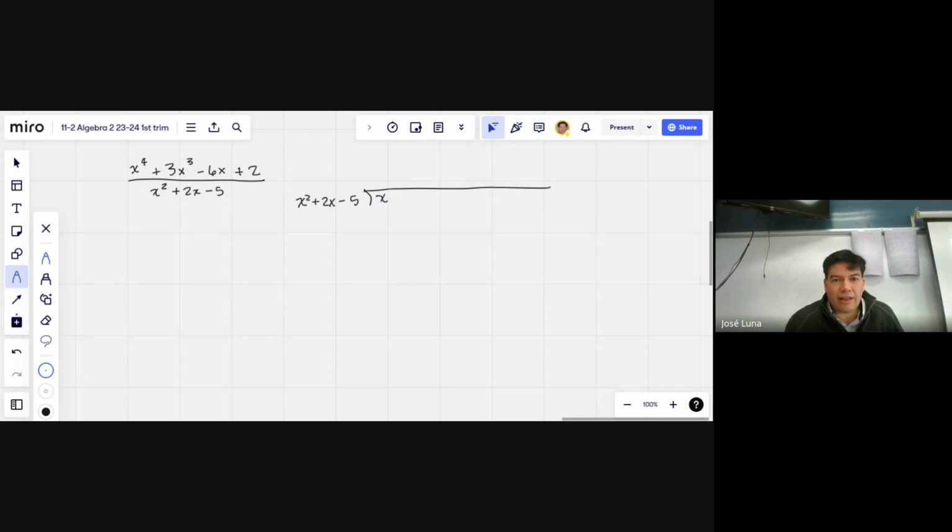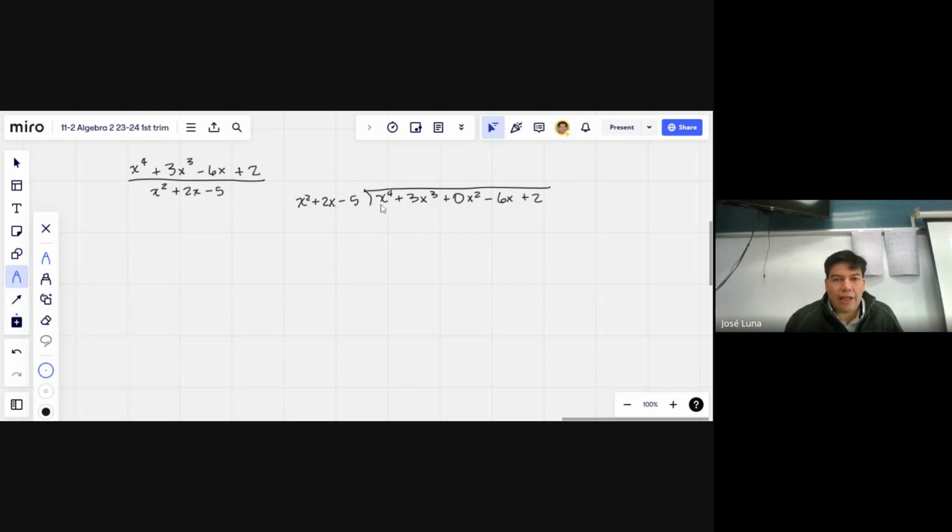I have to make sure that they are in order, and they are. Plus 3x cubed. And since I am missing the x squared term, I don't want to miss it here, so I'm going to put plus 0x squared minus 6x plus 2.